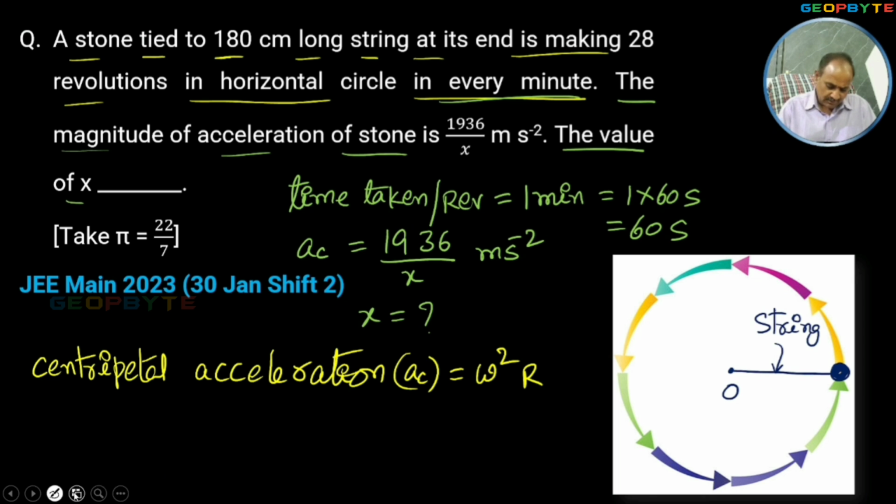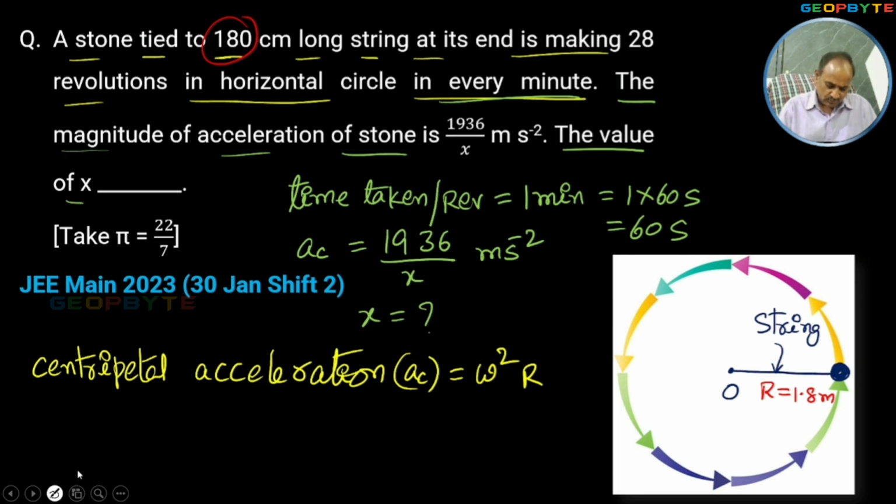What is the r value given? The radius of the circular path is the length of the string, which is 1.8 meters. It is given in centimeters, converted to meters.